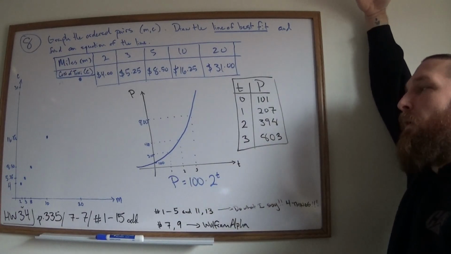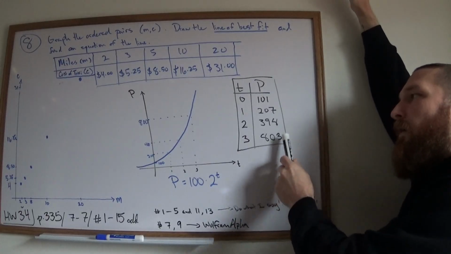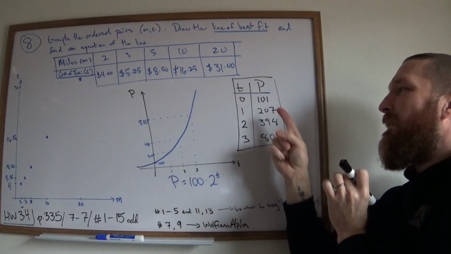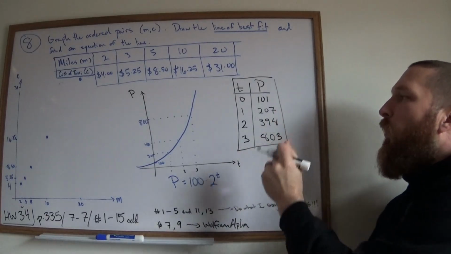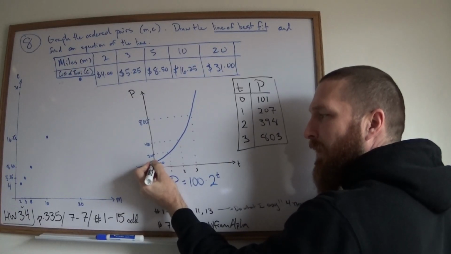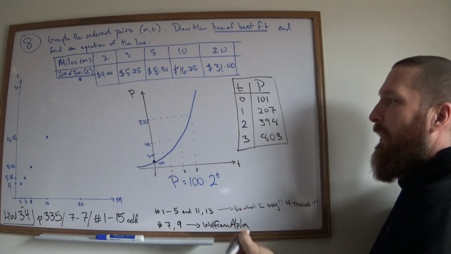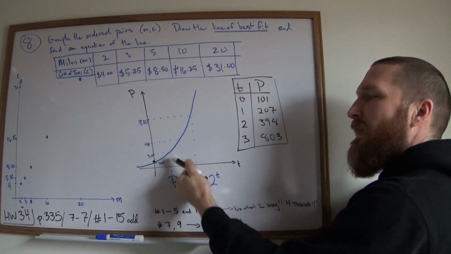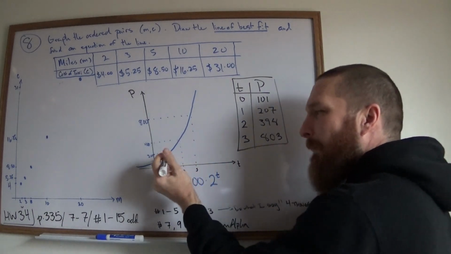But in the real world, our population is never going to be exact like that. It's going to be off by a little bit. So at time 0, our actual population was just above 100, right there. At time equals 1, the model says it should be 200, but it's actually a little above 200.